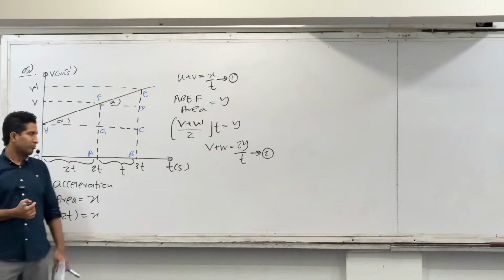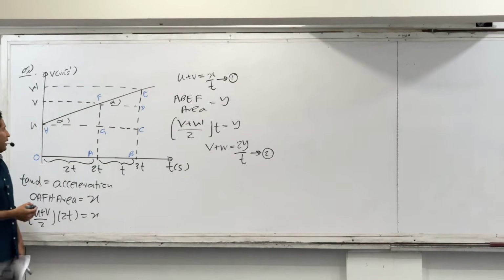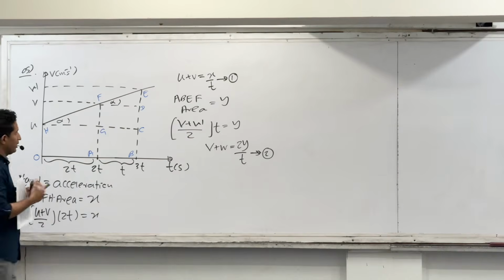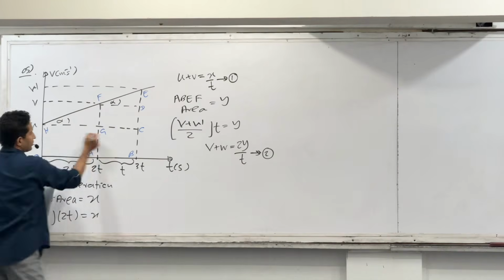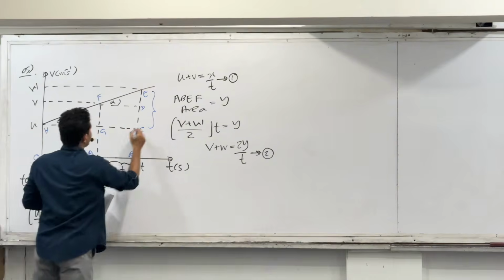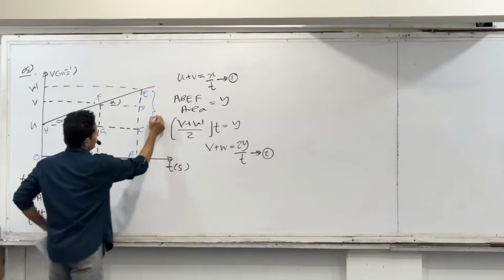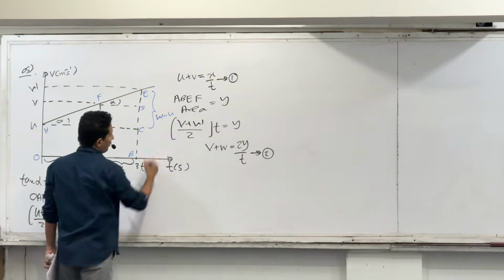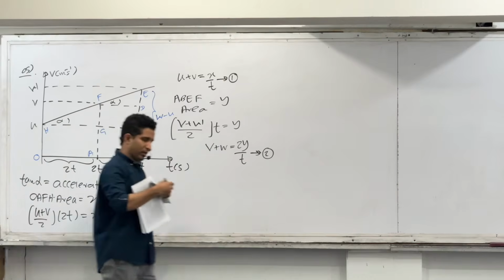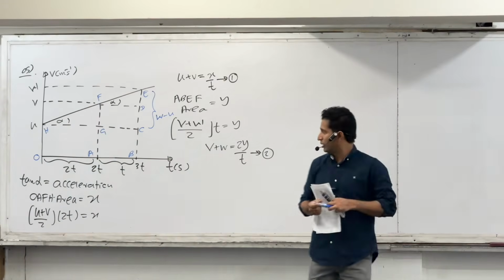Now tan alpha is the acceleration, which we can take using this triangle. This side is w minus u, divided by 3t.